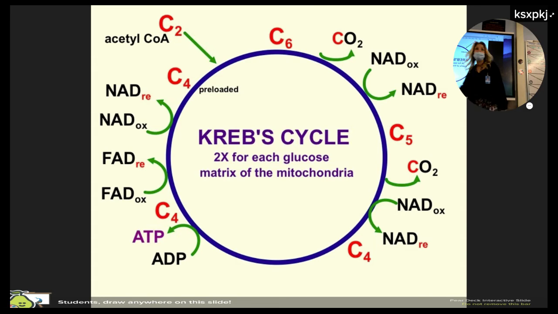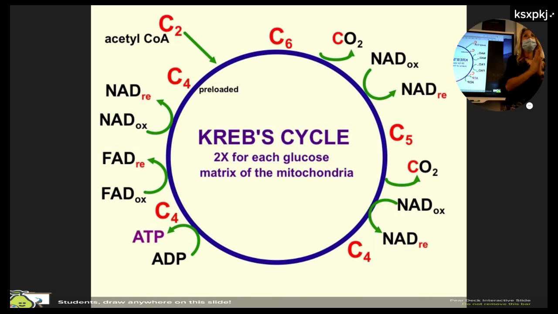Is there still energy in this 4-carbon molecule? Yes, because we're able to do a substrate level phosphorylation of ATP. We're able to reduce a new player here, FAD, and we can still reduce another NAD. Now it's low energy. And so we're going to hook it up with a second acetyl-CoA and do this whole thing again.